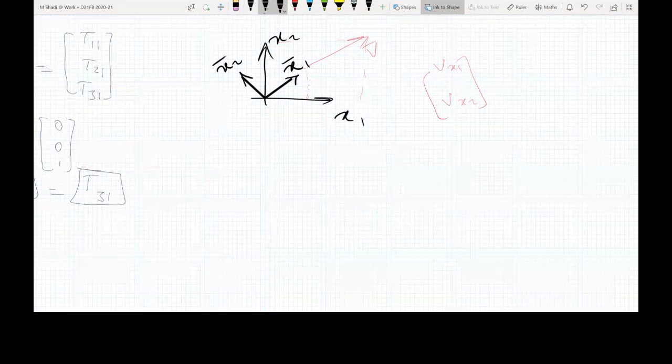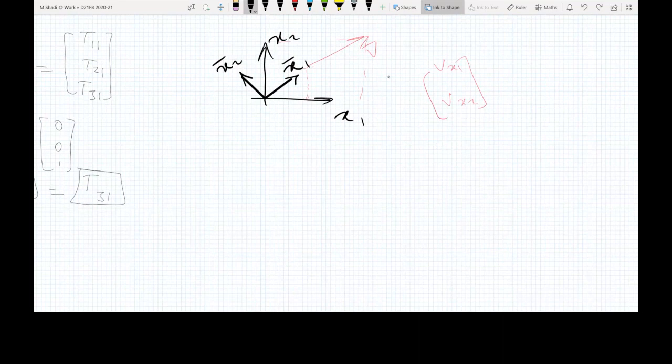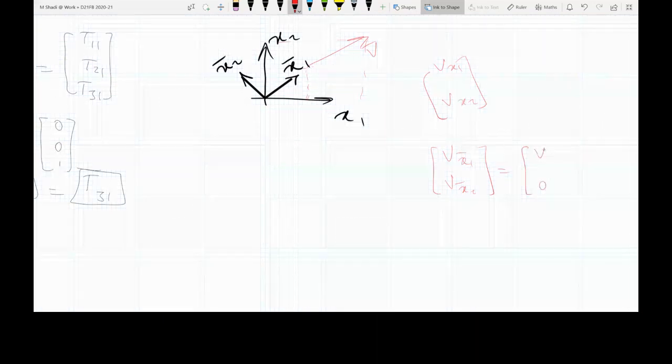So if you write the components, I'll probably just write it again in red because this is the vector itself. Vx1 bar and Vx2 bar, if you write that, you'll find that this component is going to be some number, and this is going to be 0. So I'm going to call it E.